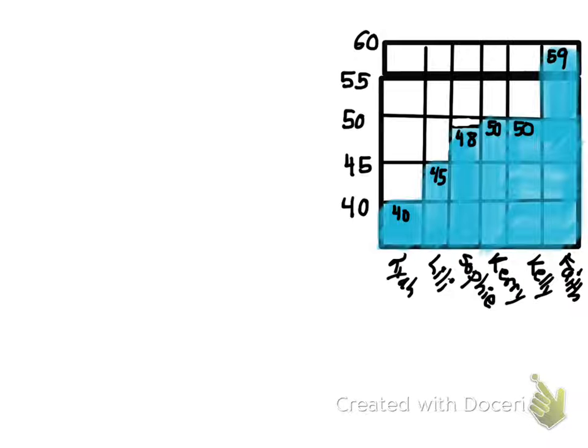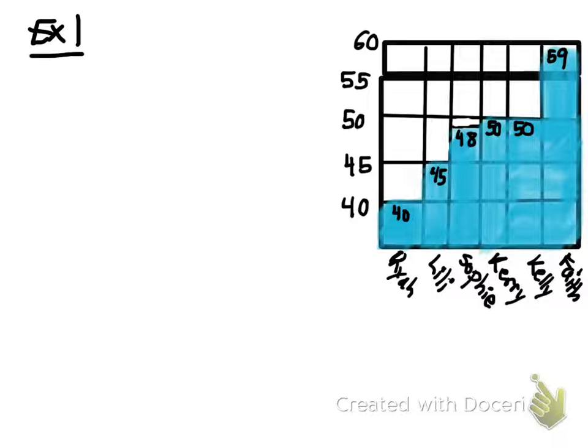Alright, so we're going to do an example with finding the mean, median, mode, and range for a given data set. So this is example 1. I have a graph drawn with several students' names. They're Raya, Lily, Sophie, Carrie, Kelly, and Faith.